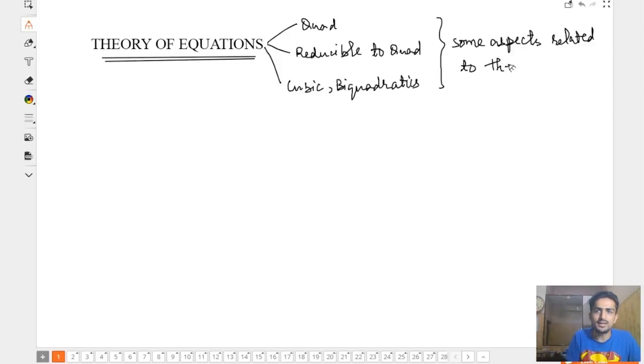So we will be studying these things in this chapter, Theory of Equations.